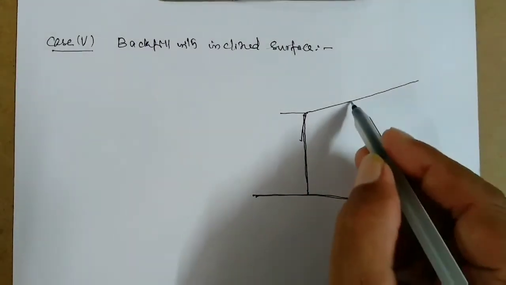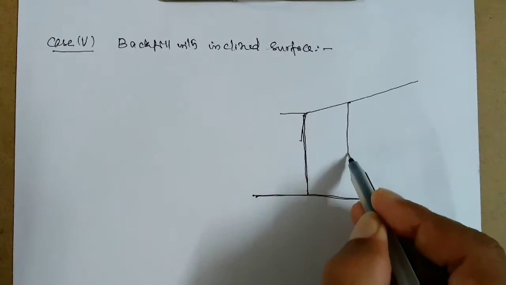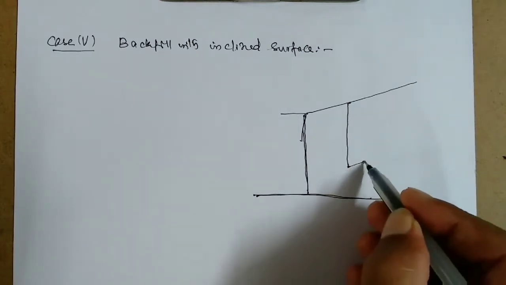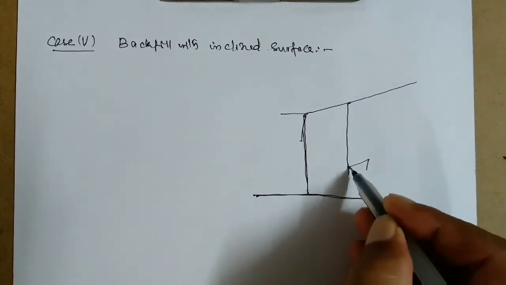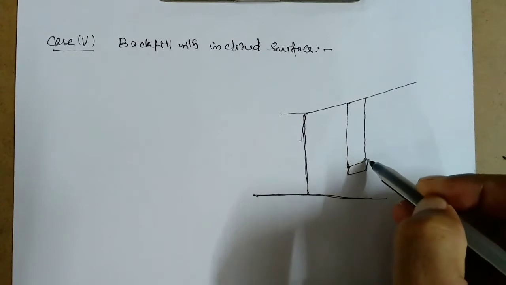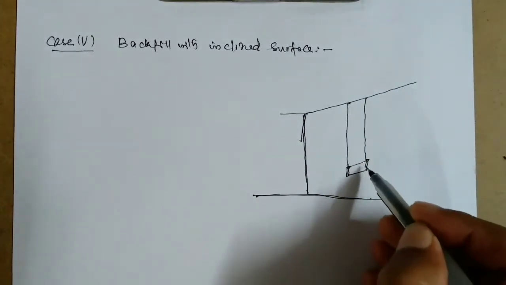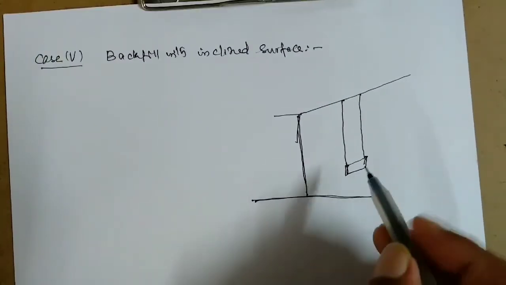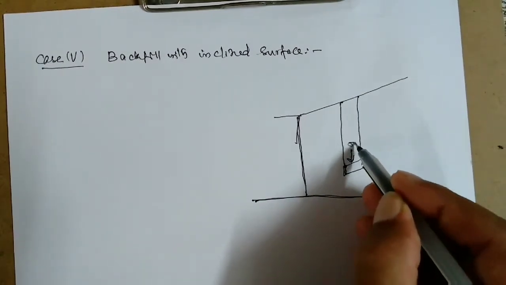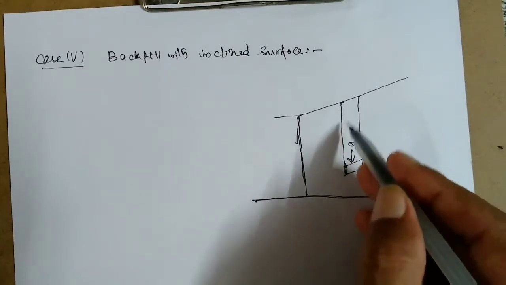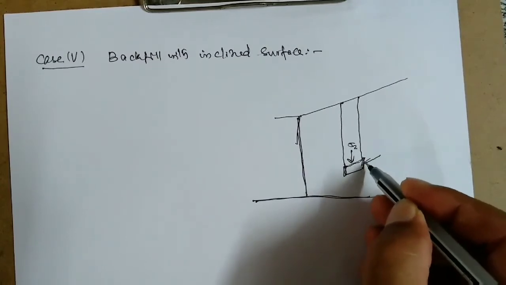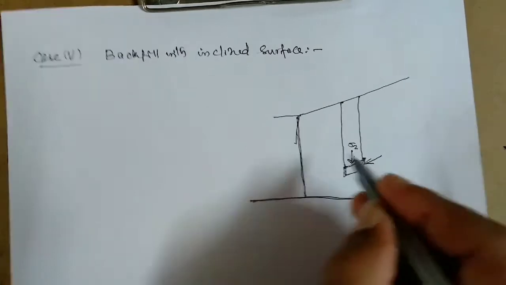Now considering an element of soil at a depth of Z from behind the wall, it is seen that the element will be subjected to a vertical stress of sigma Z, which is the weight of the soil column above the element, and the lateral stress is sigma X, which is inclined at beta from the horizontal.